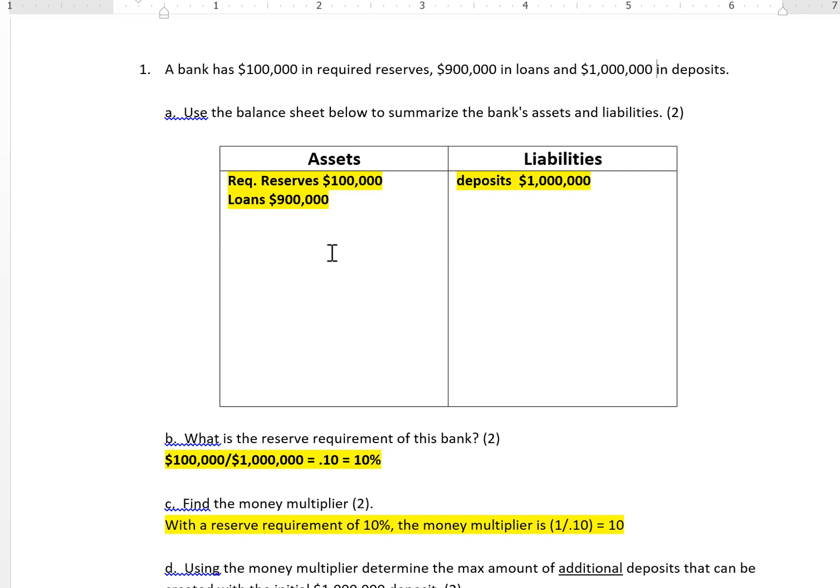So when this bank received a deposit of $1 million, it generated excess reserves of 900,000. And that's what's going to determine how many deposits are created in total after a series of lending, redepositing, lending, redepositing. And so, let's look at that.